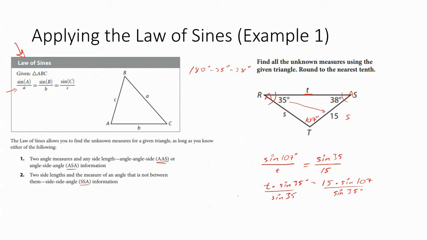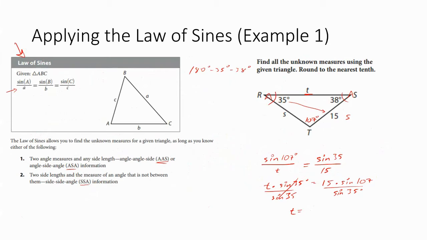Now, this is really tricky. If you try this in the calculator, you need to be careful. This is where you can really mess up. So you could do, let's see, make sure I don't mess up, right? So 15 times sine of 107 degrees. All right, looks good.